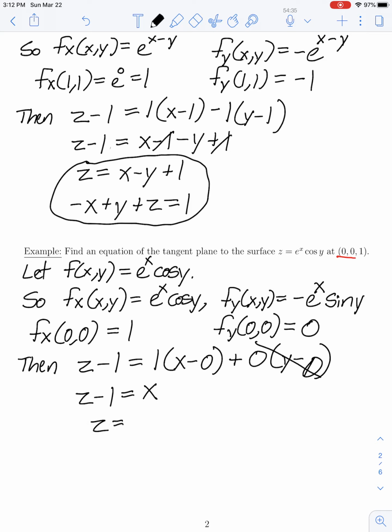So solving for z, we would have x plus 1, or if we prefer to use that standard form for the equation of a plane, we could write this as negative x plus z is equal to 1. Again, either of these answers would be fine, just depending on your preference for how you want to express your answer.